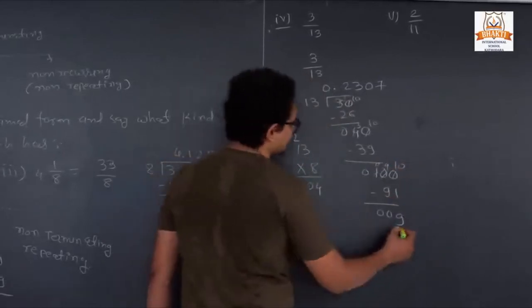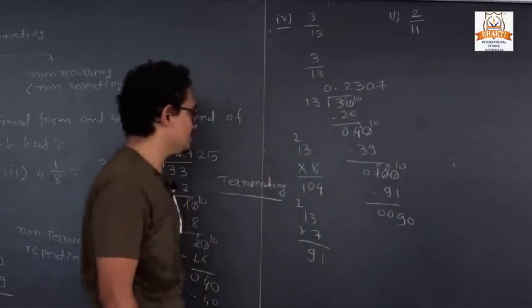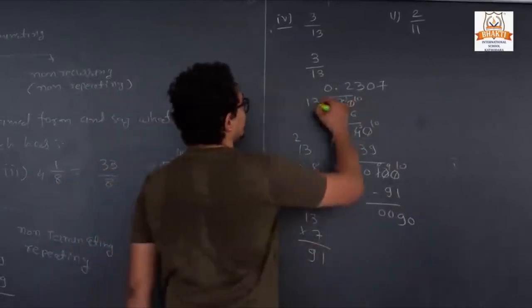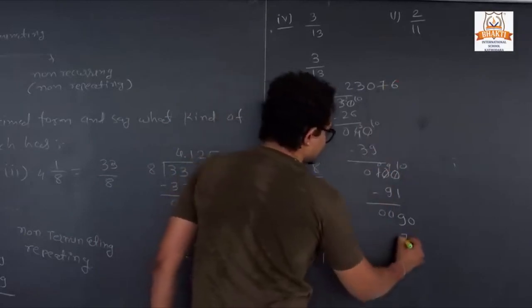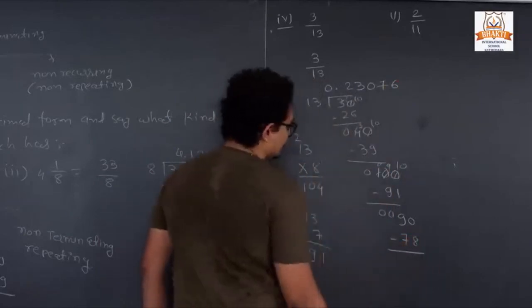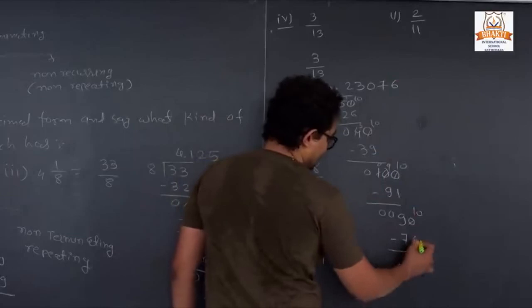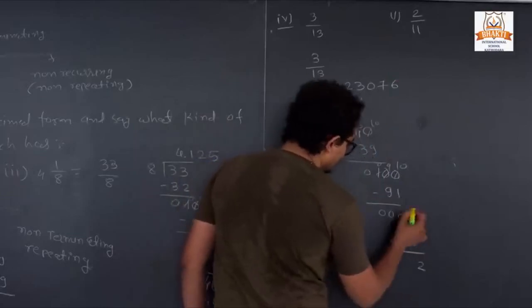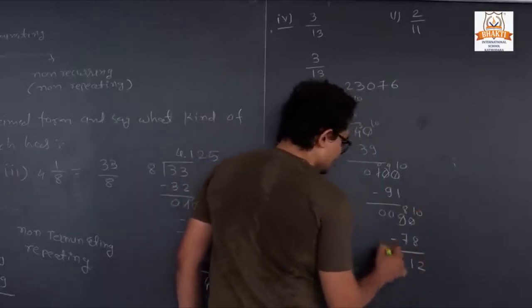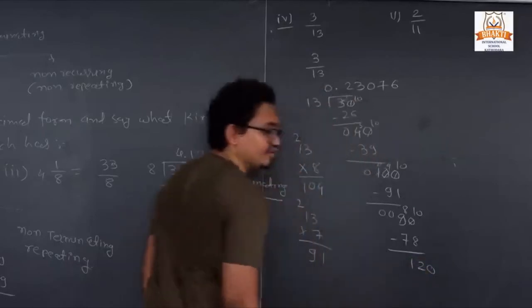Once again we put 0. So 13 6s are 78. Now 100 minus 78, so it will be 2 as the remainder. Once again we put 0.